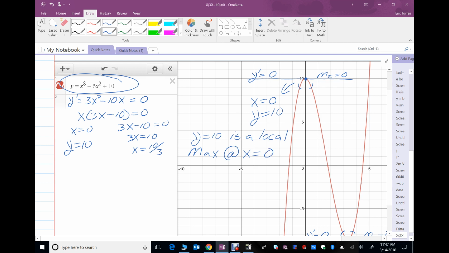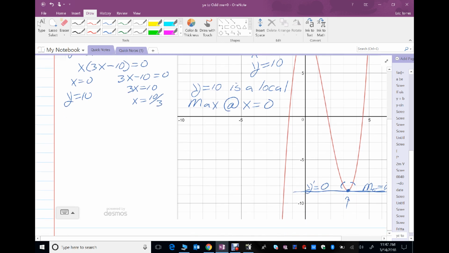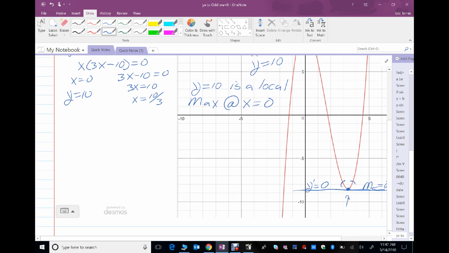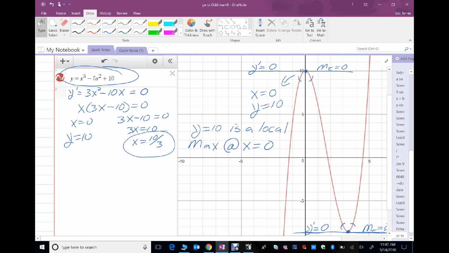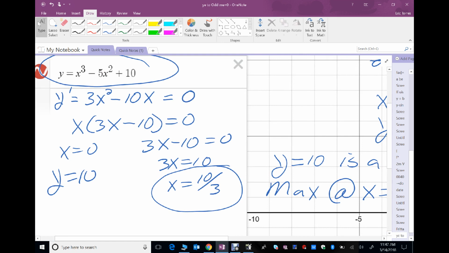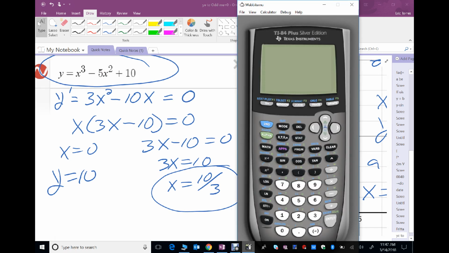Now, the other point, the local minimum, we're going to find by plugging 10/3 into the formula. Now, with this, I'm going to use my calculator, and it's perfectly good to use your calculator to find these values.